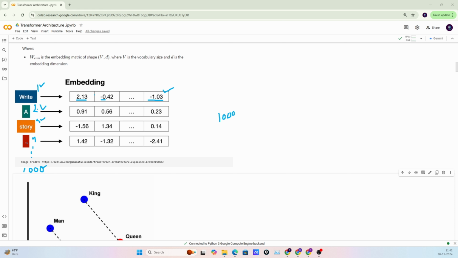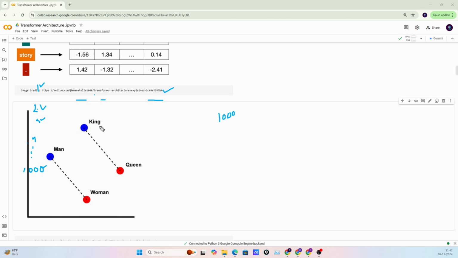Let me move to the diagram below. If we add this large number into the positional encoding, then what happens to our word embedding? Our word loses the semantic information, and it becomes biased toward the positional information. Let me take an example.